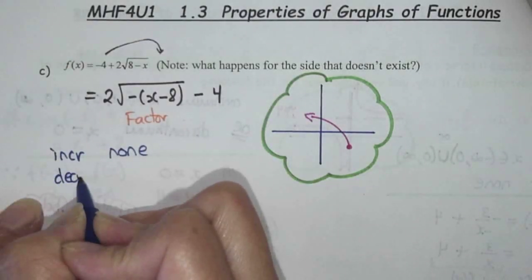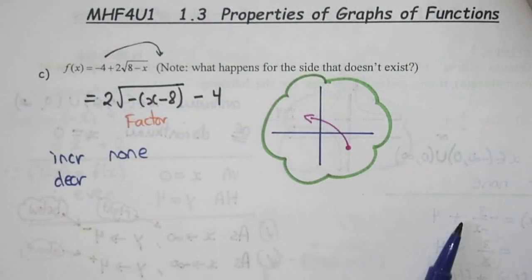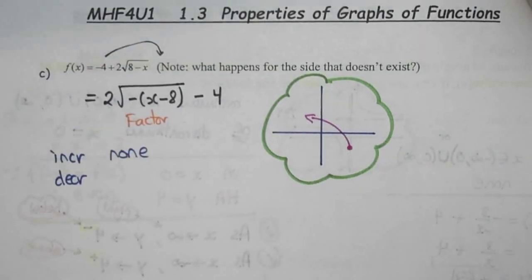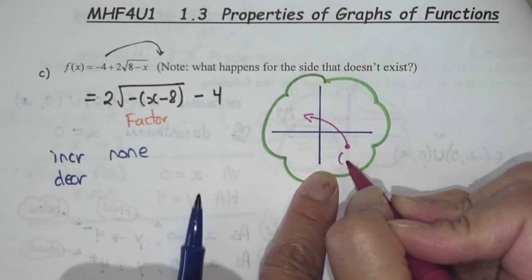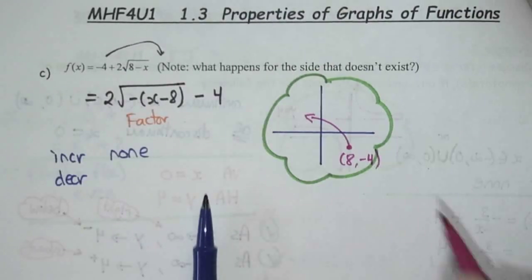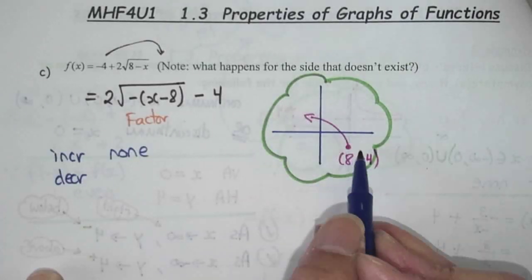So you're going to say decreasing. It's decreasing all the way to, oh, what value is that? Wait, I should label that. I'm going to label this as 8, -4, just so I know, again, for myself. And so it's decreasing all the way to the 8.